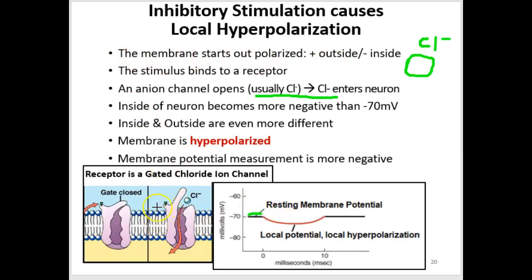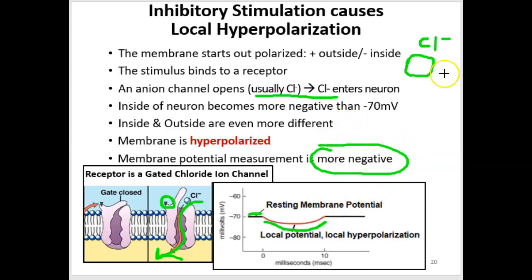And then a chemical of some kind, here's a chemical, binds to an ion channel, and that ion channel is specifically for chloride. So we call it a chloride ion channel. And chloride will then move in to the neuron. And now the inside of the neuron becomes even more negative, and you see that drop right here.